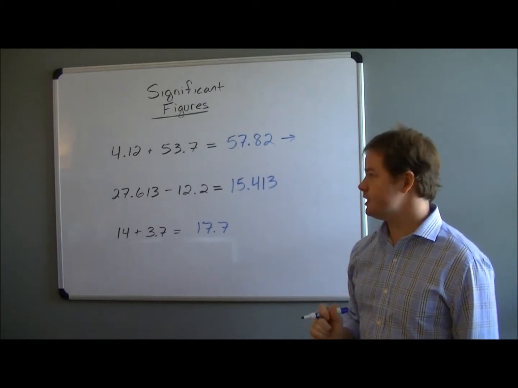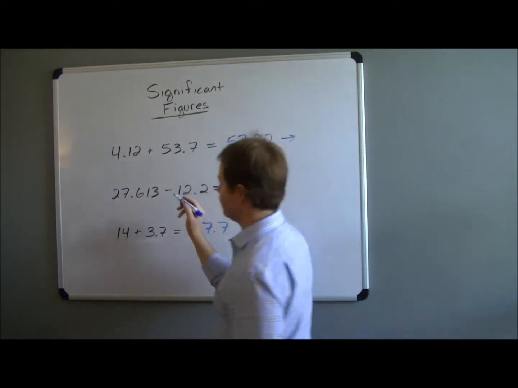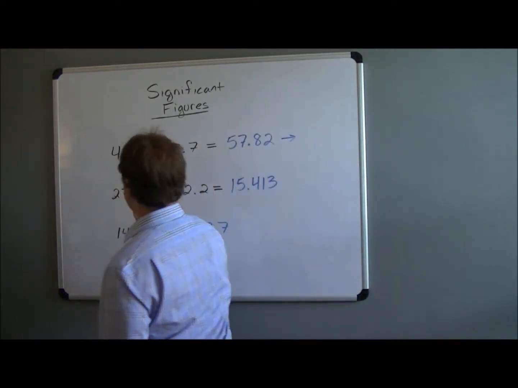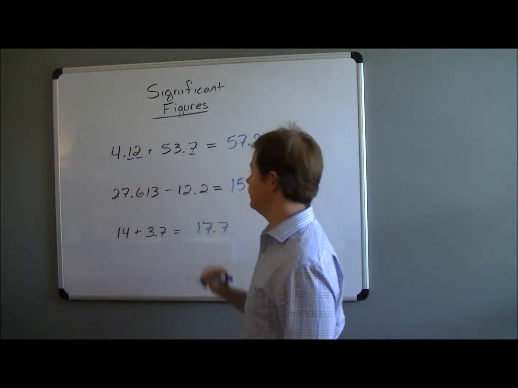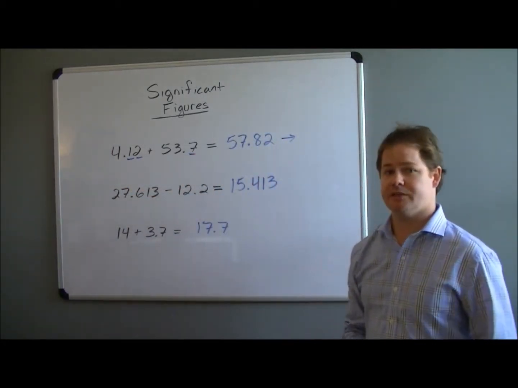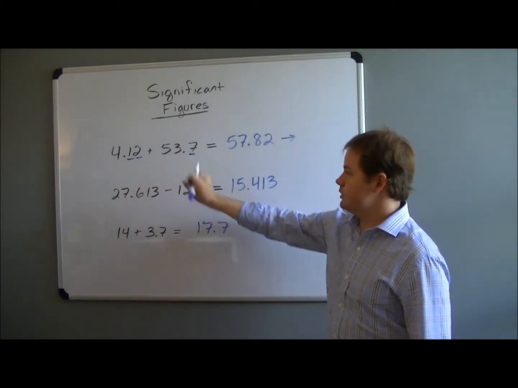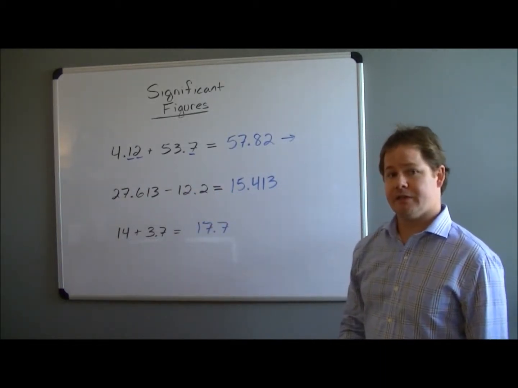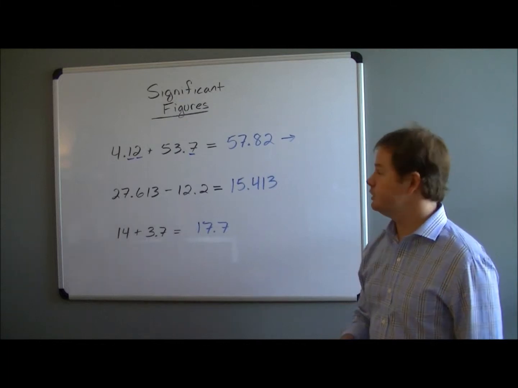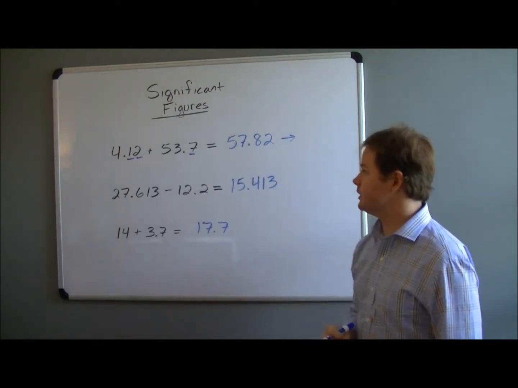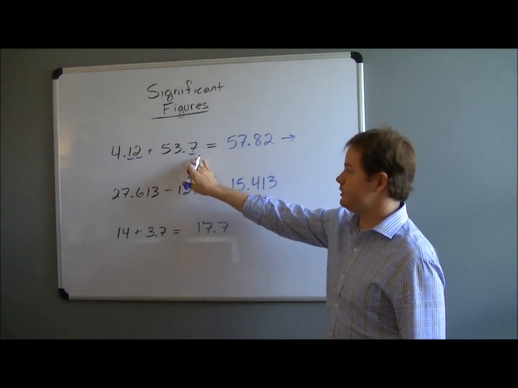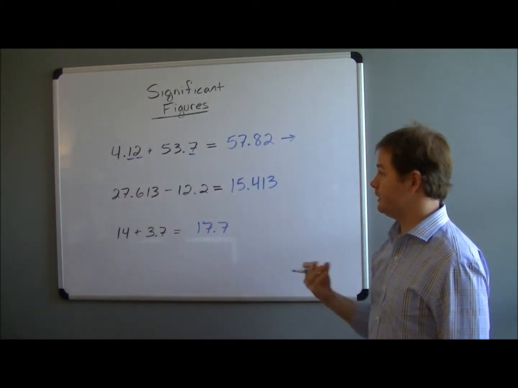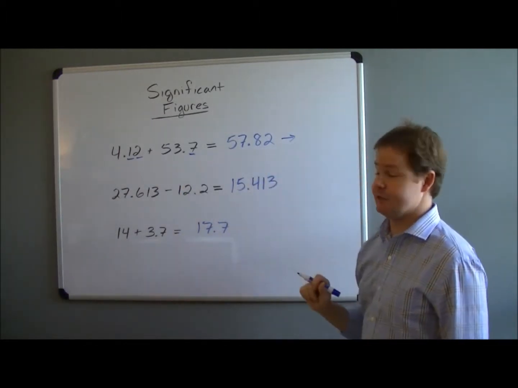But if we look at the decimal places, we see that 4.12 has two decimal places, whereas 53.7 only has one decimal place. So 53.7, with one decimal place, has the fewest number of decimal places in our problem, and that means that's the number of decimal places that we're going to have to write in our final answer.